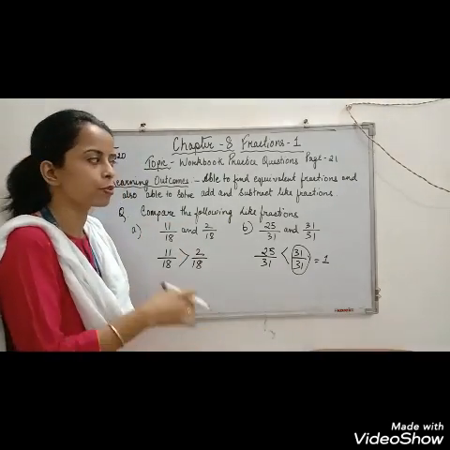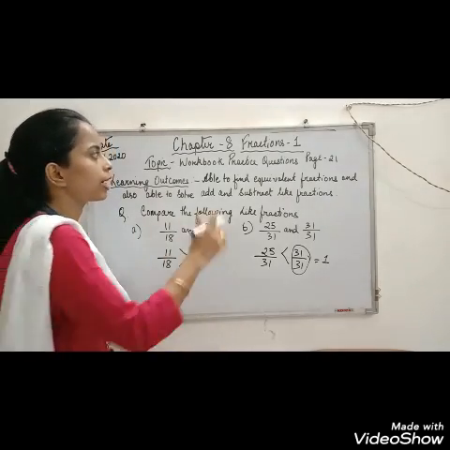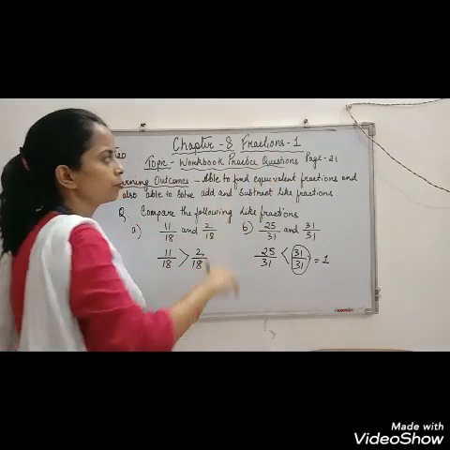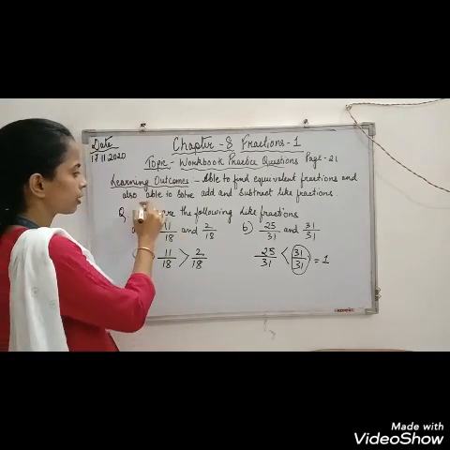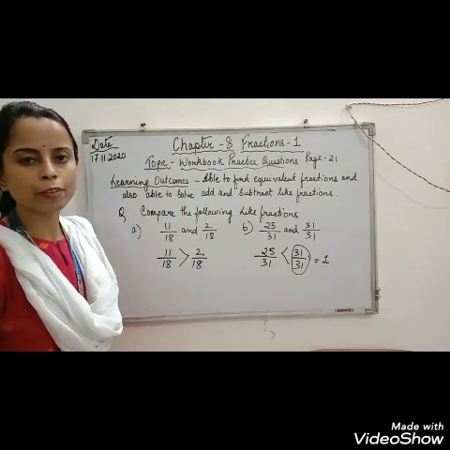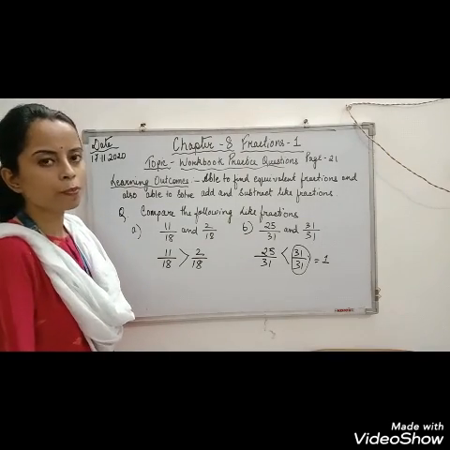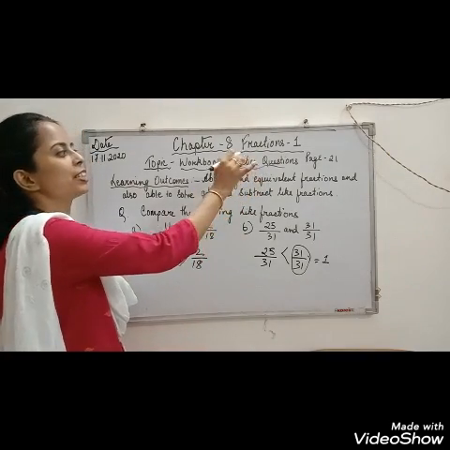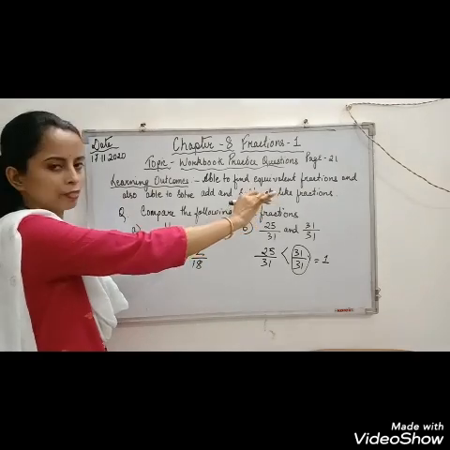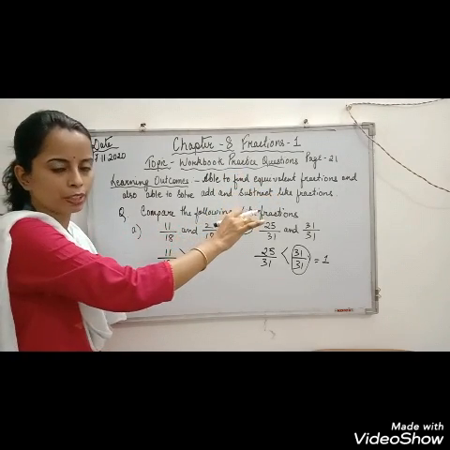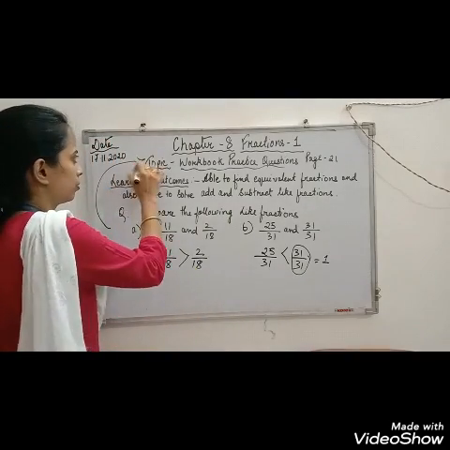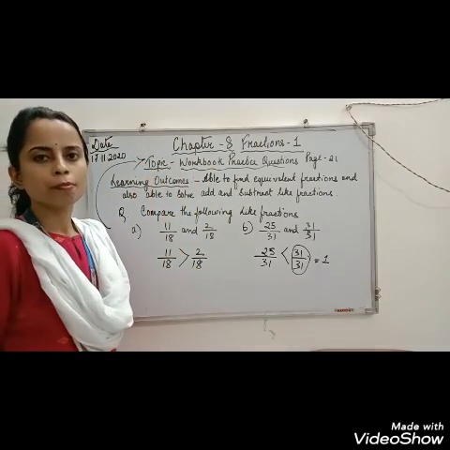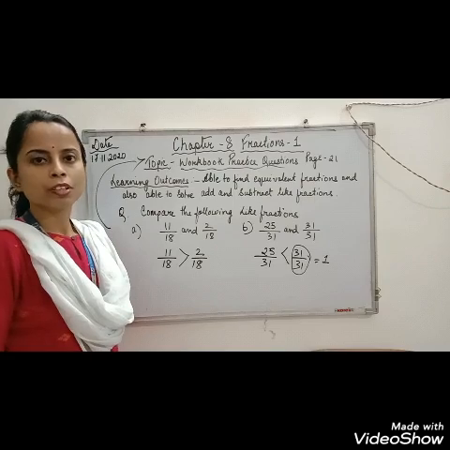Already we have started, and now we are going to continue the workbook practice questions. Alright, children, I hope it is clear now how to compare like fractions. So now let's start today's topic, that is workbook practice questions, and we will get this type of sums in practice sums.